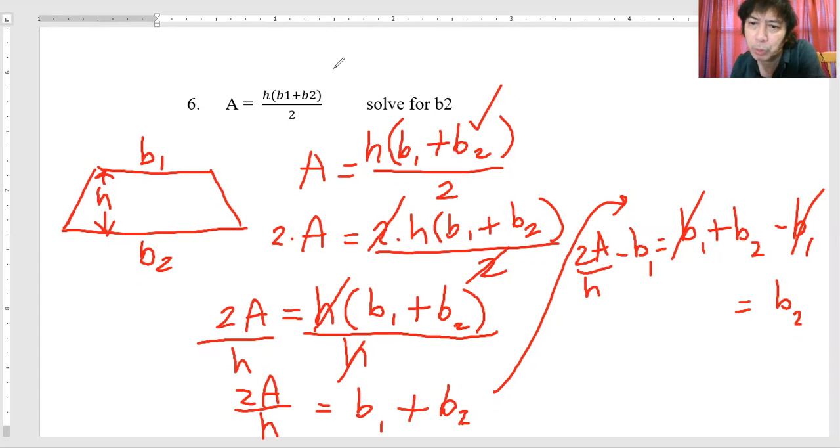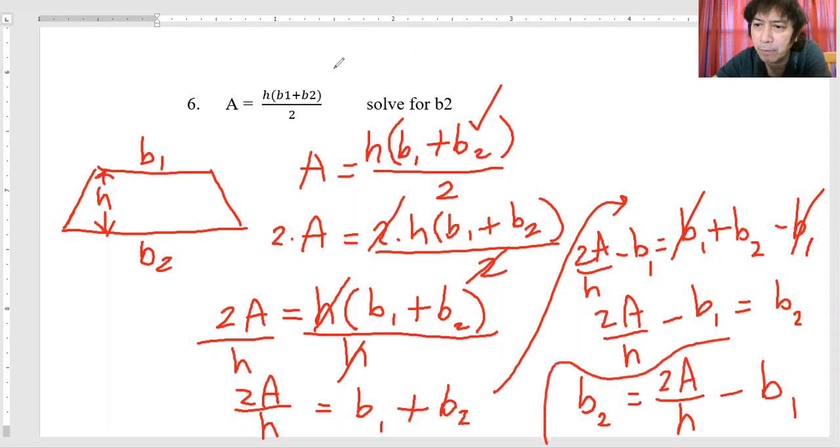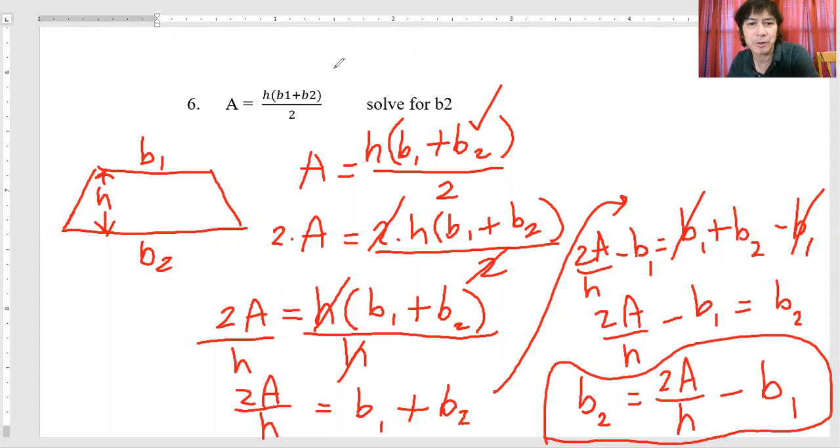So you now have b2 that is equal to twice area over height minus b1. And you only need to swap positions. b2 should be written at the left side, and this is equal to twice the area over height minus b1. That should be the final answer. Twice the area divided by h minus b1 is the b2.